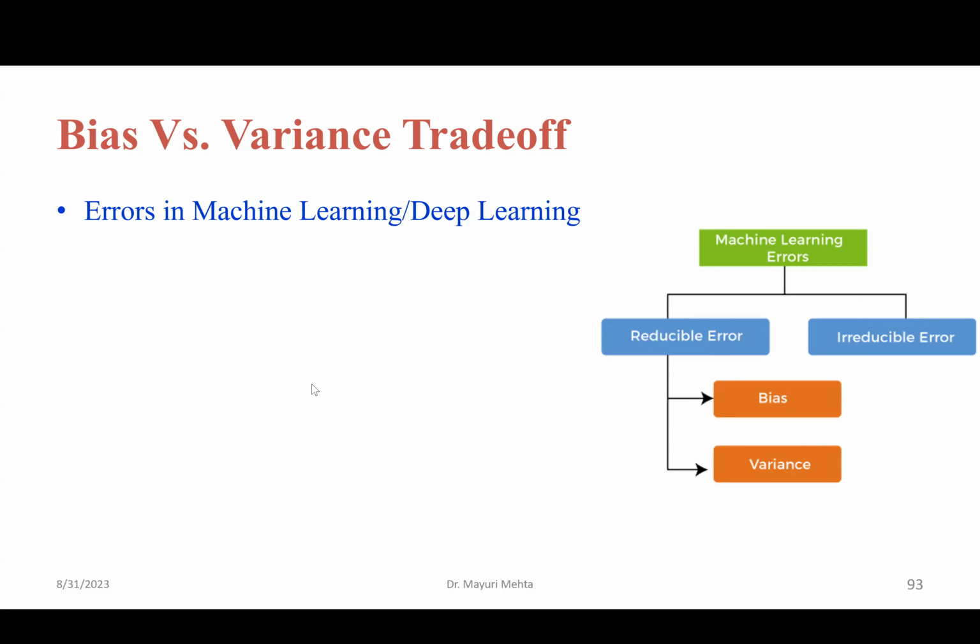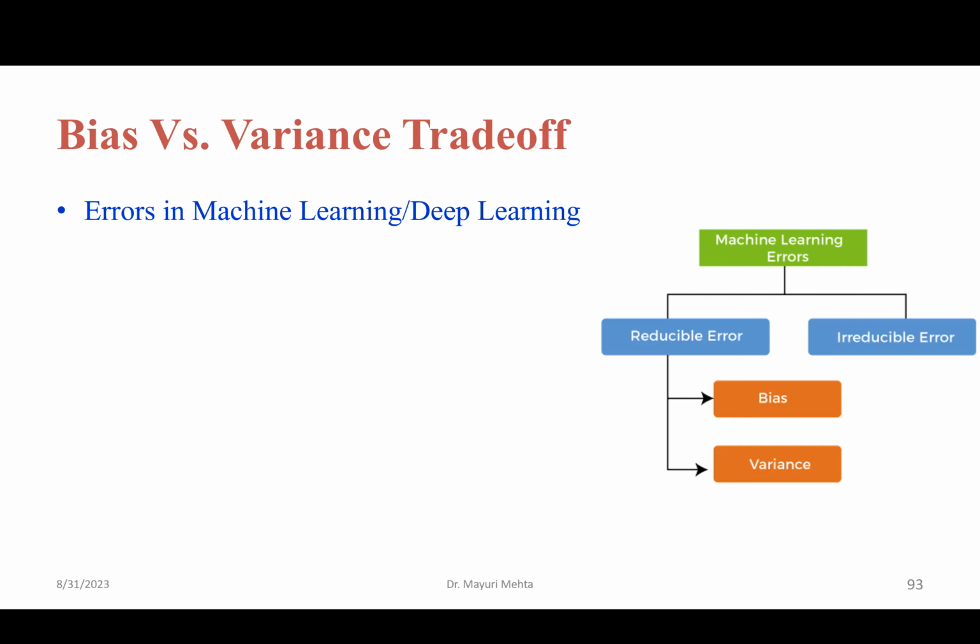And then you can conclude after exhaustive experimentation that such and such model is good for the problem. There are mainly two types of errors in machine learning, as shown in this diagram: reducible errors and irreducible errors. Reducible errors can be reduced to improve the model accuracy, and such errors can further be classified into bias and variance because they can be reduced in some ways.